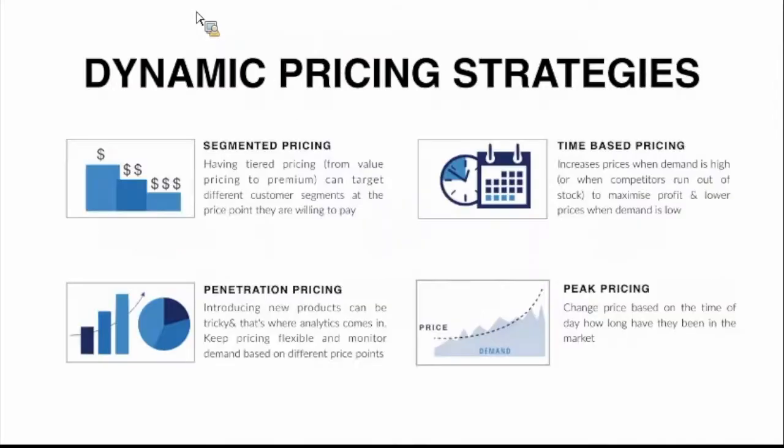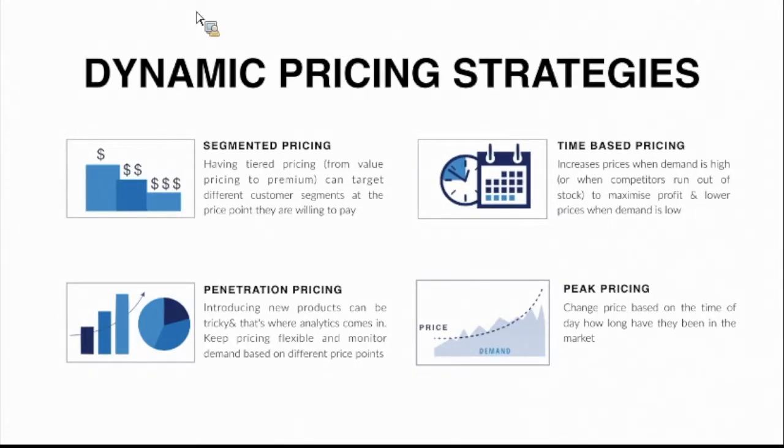The different dynamic pricing strategies that exist in today's time: one is segmented pricing, where you have tiered pricing. You can target different customer segments with different prices based on their willingness to pay. Time-based pricing: you increase the price of your product when the demand is high to maximize profit and lower the prices when demand is low so that you can boost your lagging sales.